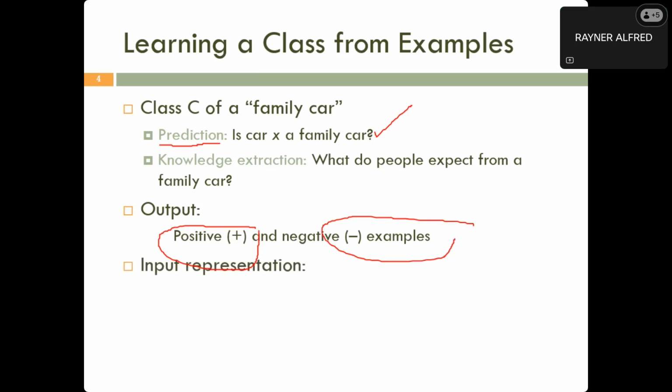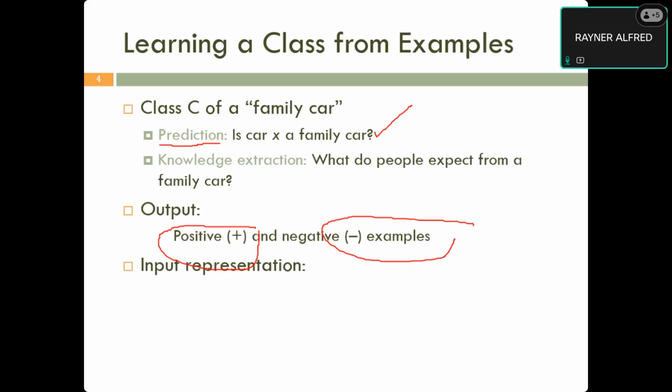Okay, so your input will be all the features that you need to consider. For example, size or number of seats. If color, can you consider that? Not relevant, right? If year of manufacture, no, right?